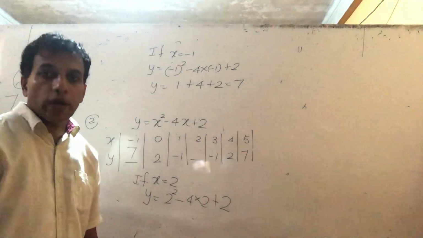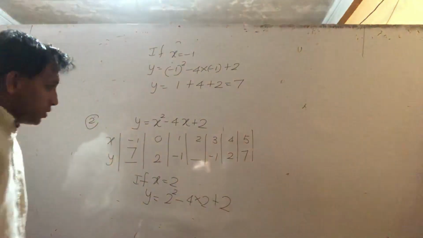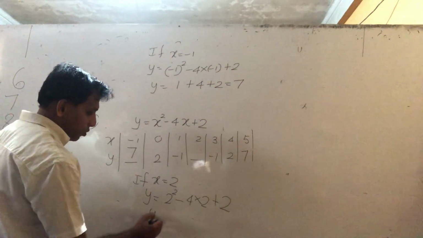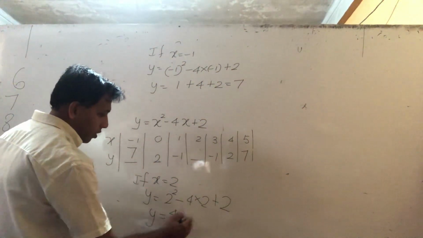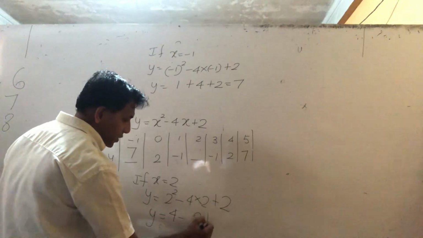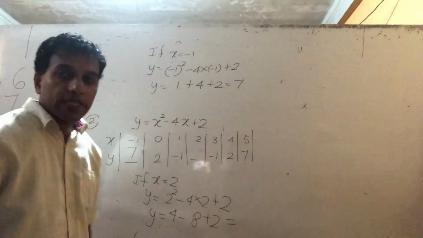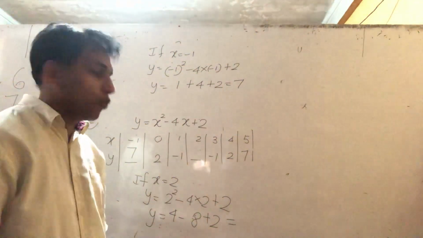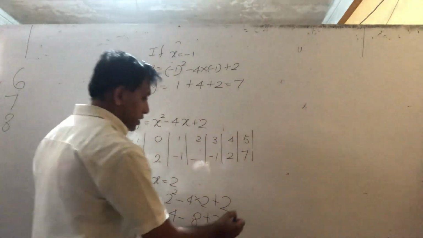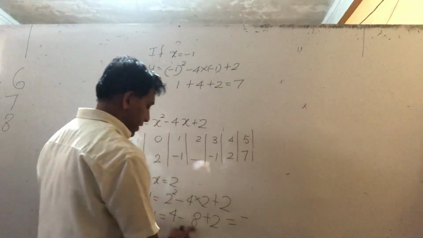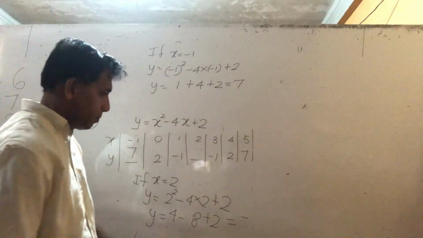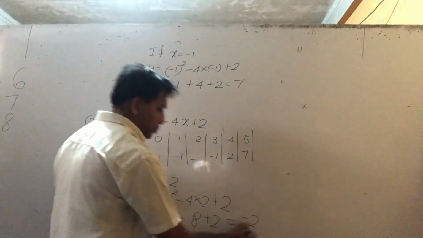Put x equals 2 and simplify. 2 squared is 4, 4 times 2 is 8, plus 2. So 4 minus 8 plus 2, that is minus 2.